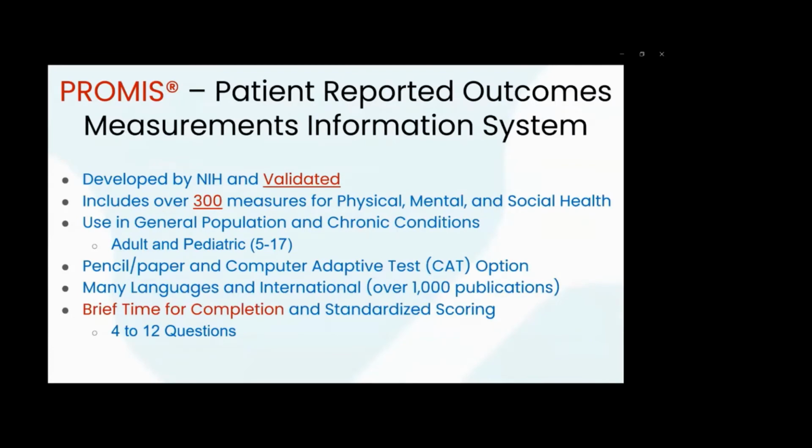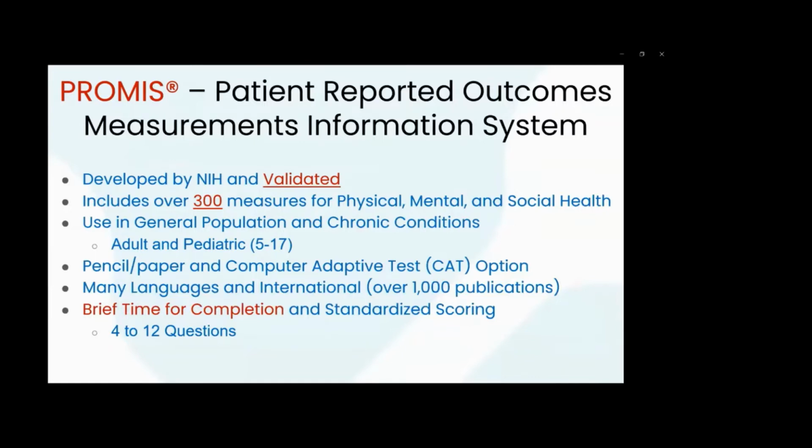So PROMIS, a lot of money was put in from the NIH and our tax dollars into developing this. It's validated. It's got a large database. It's got multiple measures. It can be pen and paper all the way up to a computer adaptive model, has multiple languages, and it's been used in many publications. So maybe people on the call or listening to this recording later have not heard of PROMIS, but PROMIS has been published in thousands of publications.